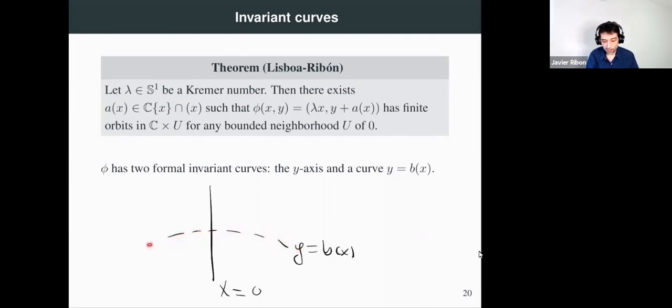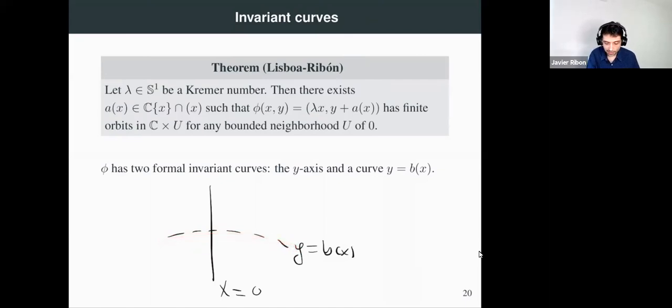And we could obtain a finite orbits diffeomorphism in dimension 1. And in dimension 1, finite orbits is equivalent to being periodic. So lambda in particular would be a root of unity, which is not the case. So this curve over here is divergent.